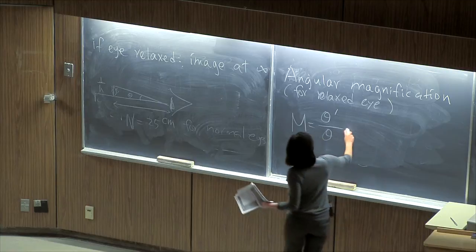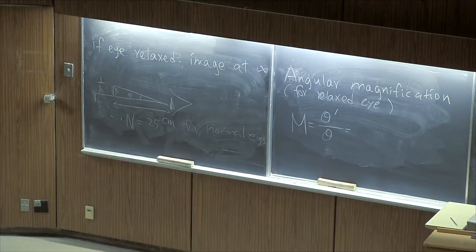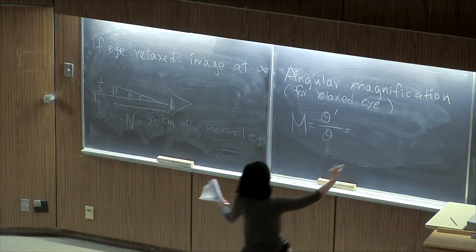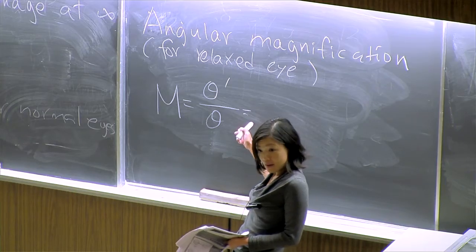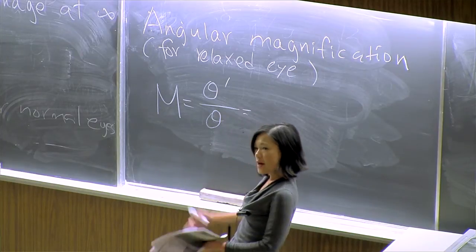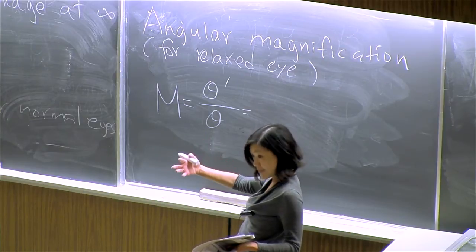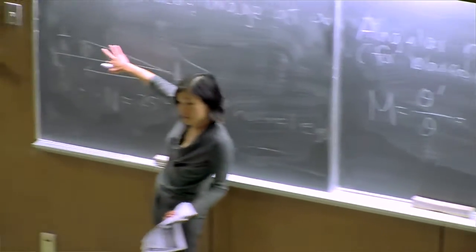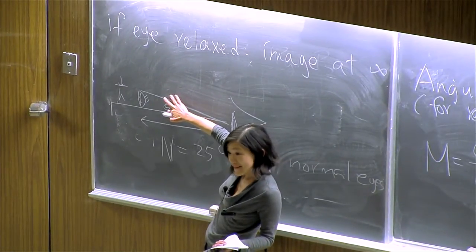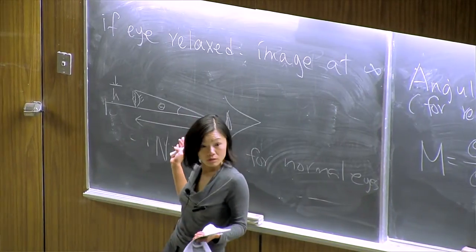Yeah? All right, so with this geometry we have on the board, we can rewrite these angles in terms of the distances, right? So suppose the angles are small, then we can make use of the small angle approximation, which tells us that the angle written in radians is equal to sine of this angle or tangent of this angle.